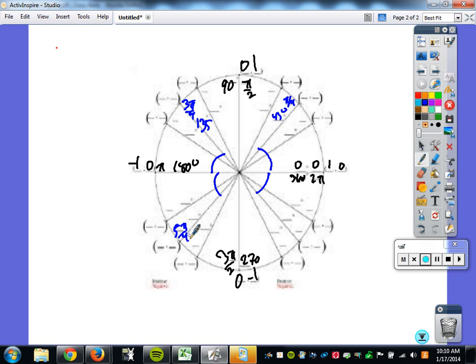Then 180 plus 45 is 225. Everybody there? 5 pi fourths plus pi fourths is 6 pi fourths, which is 3 pi half. And then 6 pi fourths plus pi fourths is 7 pi fourths. And notice this would be the same thing as 360 cut back by that 45.